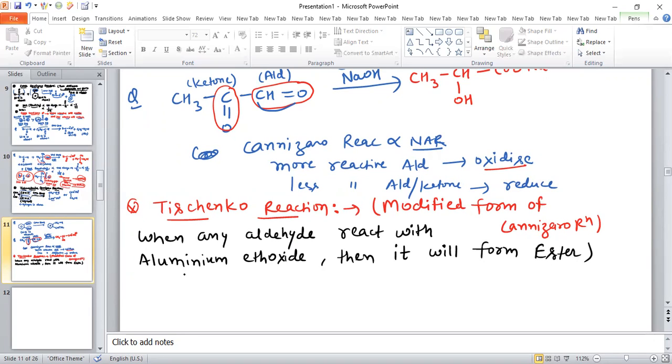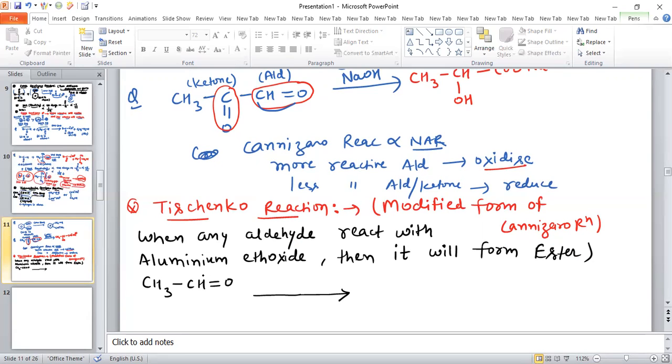Now see the reaction based on this. For example, if we have a compound like ethanal, which is CH3CH double bond O, and the reaction is in presence of aluminium ethoxide.